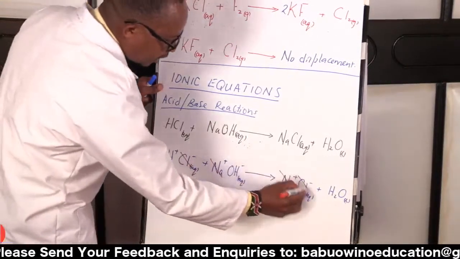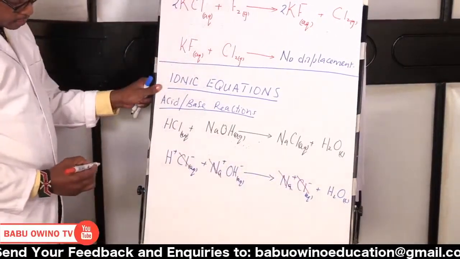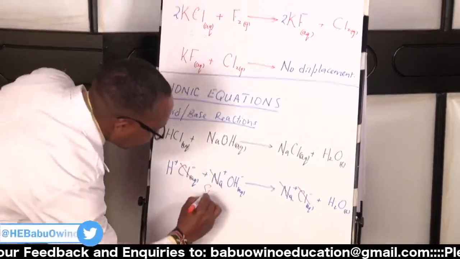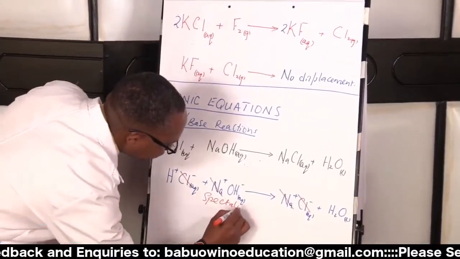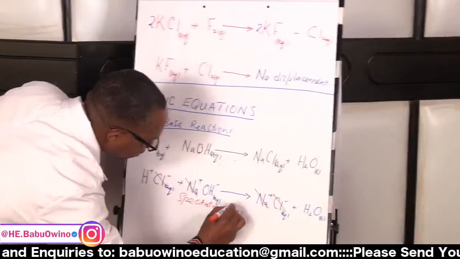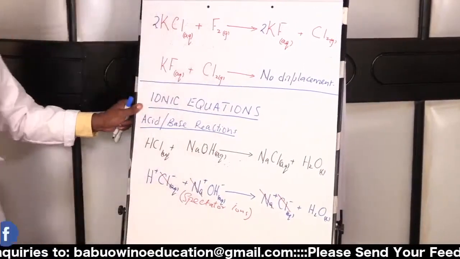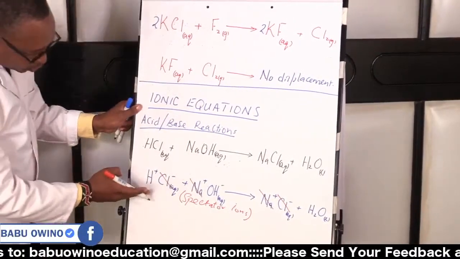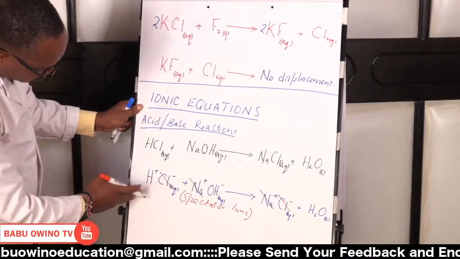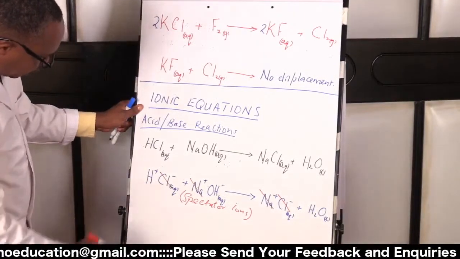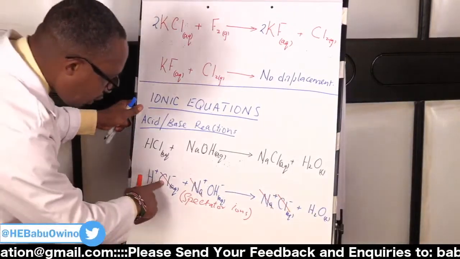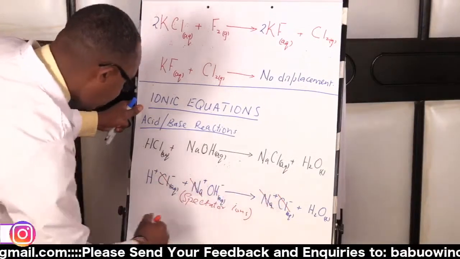These are the ions we call spectator ions, and you strike them out. These are the players who go to the field only to sit at the gallery and watch. They will never score, neither will they defend.